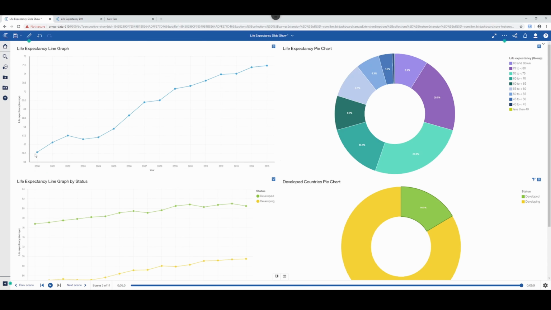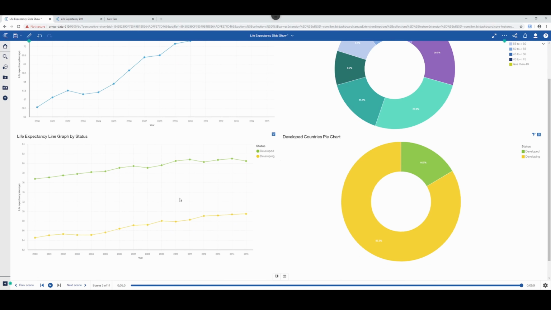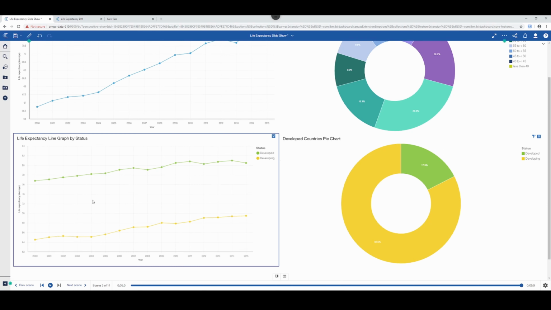So again, we can see an overall upward increase in life expectancy, which is good. But looking at the split down here, we can see there's a huge difference between developing and developed countries. If we look at the graph down here, we can see there's about 10 to 12 years difference between developing and developed countries.